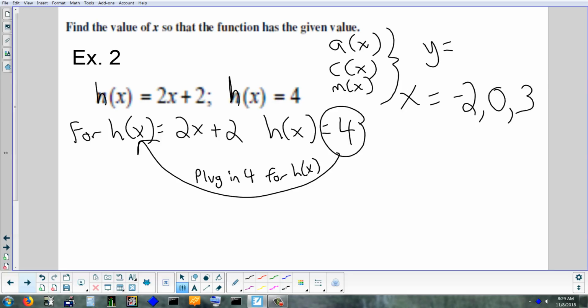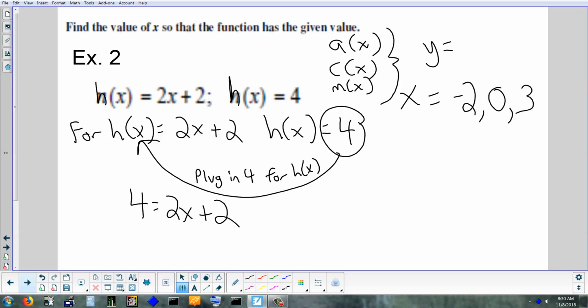So h of x disappears, yeah, exactly, as we did before. Before, the x disappeared and became those three different numbers that we used. So my problem's going to be 4 equals 2x plus 2. I'm plugging in this number for h of x.